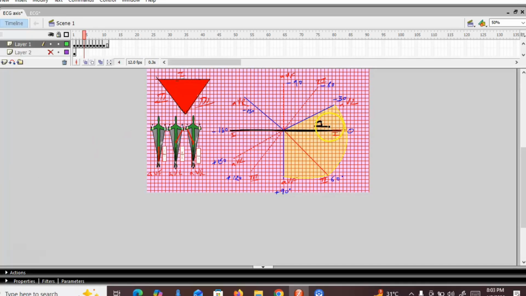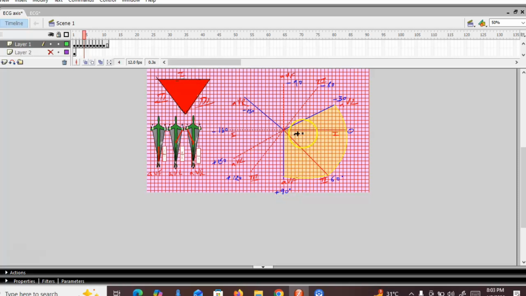This is lead 1. We calculate the axis from lead 1 and lead 3 or AVF. I prefer calculating the axis from lead 1 and AVF. See here, this is lead 1 and this is the AVF axis, or the y-axis.